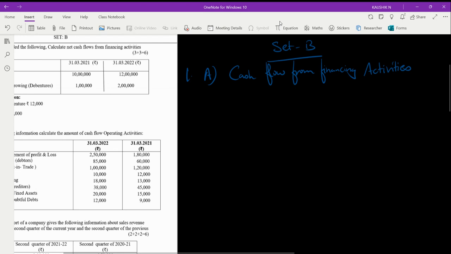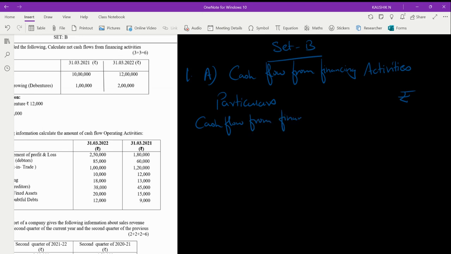So, now you have the table like particulars and amount in terms of rupees. So write once again in the column as cash flow from financing activities.